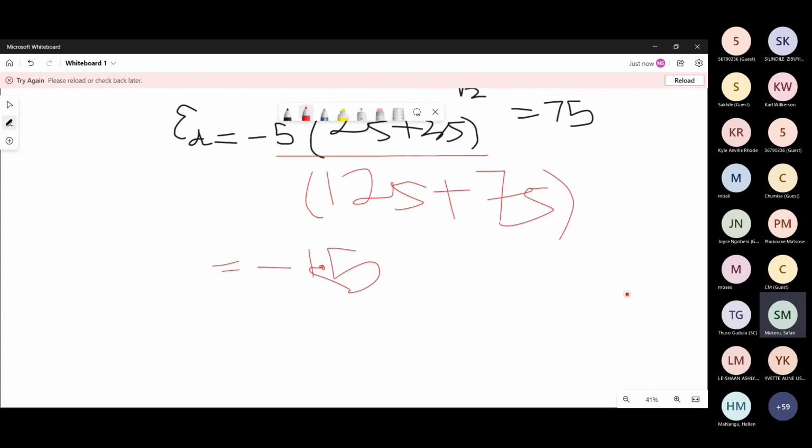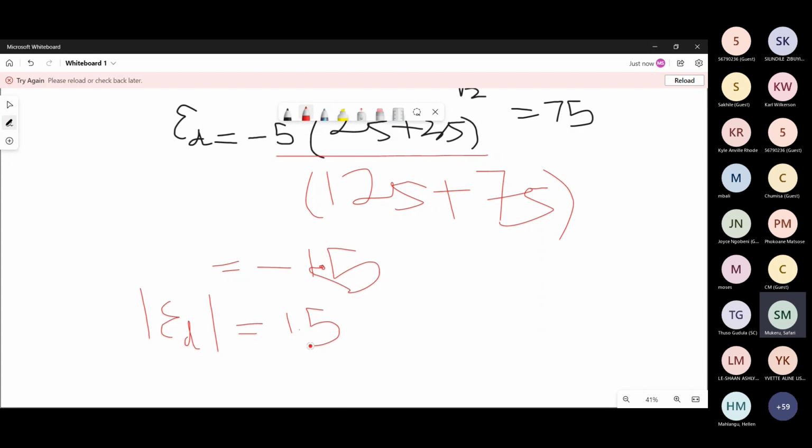The answer is negative 1.5, right? But if we want to interpret it, we can still compute epsilon d if we take the absolute value. That is 1.5, right?